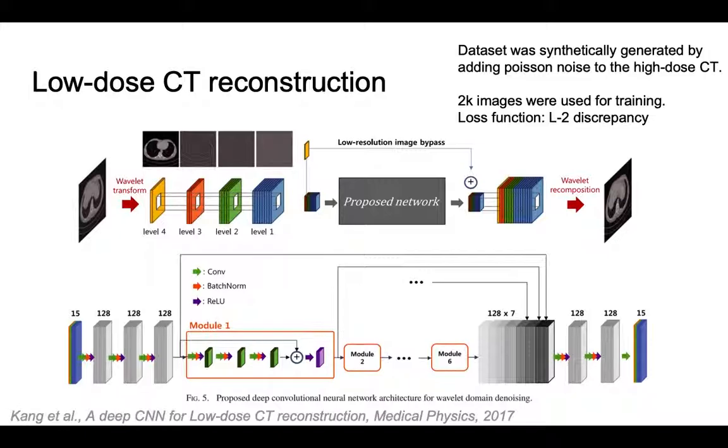So you just have a low-dose CT as input and a high-dose CT as the output, and you're regressing from low dose to high dose. That's it. You can use the same network as before. Anything would work considerably well, and then you do some tweaking of parameters to get some more margin.